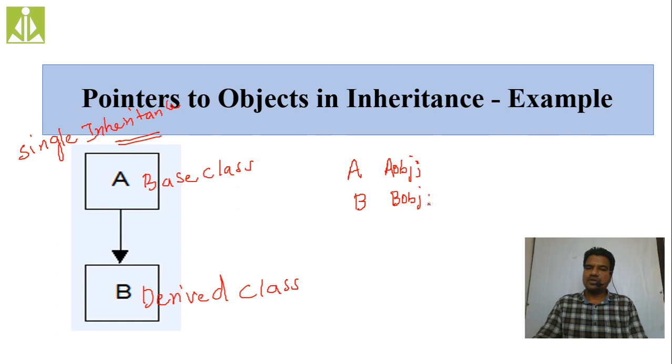Now how can I create the pointer for class A, that is, the base class? That is A star PTR2AOBJ, pointer to A object. That is nothing but the base class pointer. Creating a derived class pointer for the base class object is meaningless, because it cannot point to the base class object.